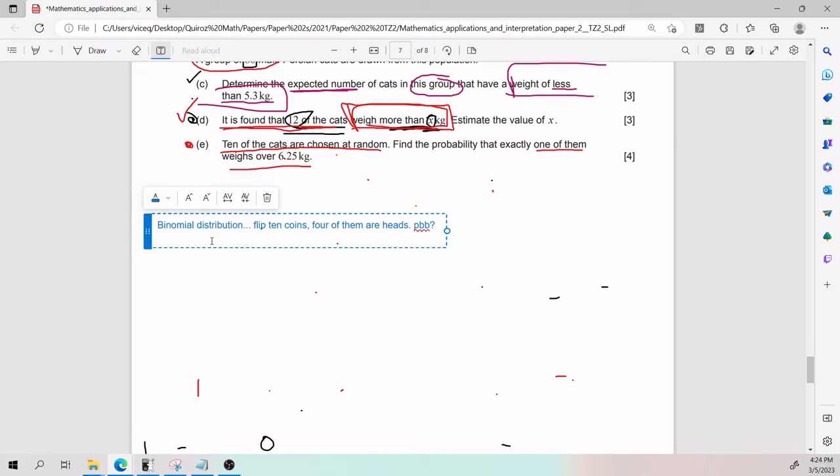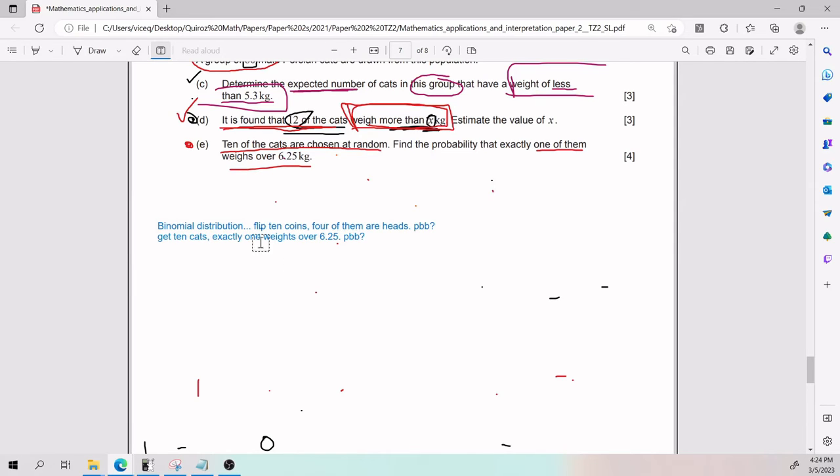So in this case, instead of flipping 10 coins, we get 10 cats, and we have exactly one weighs over 6.25, probability, and this is part E. Okay, I just want to point out that it's a binomial distribution because it's very similar to the original scenario, which is heads or tails. Just that instead of heads or tails, we are seeing the condition of does it weigh over 6.25 or not.